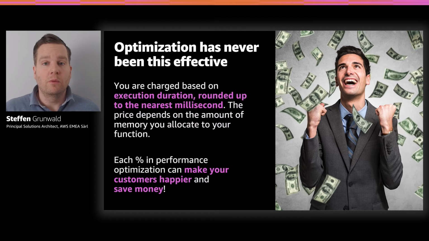Previously it was by 100 milliseconds and also with a minimum execution time, but now there isn't a minimum execution time. So that means if you take just one of those tricks I will show you later and apply it to your code, and you shave off maybe 5% of the execution duration, that will not only make your customers happier by using a snappier application, but also you will get the same reduction automatically in your Lambda bill.